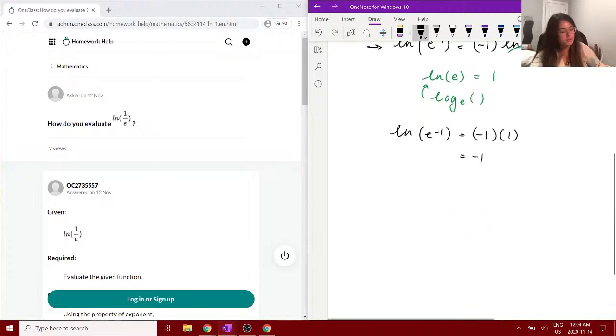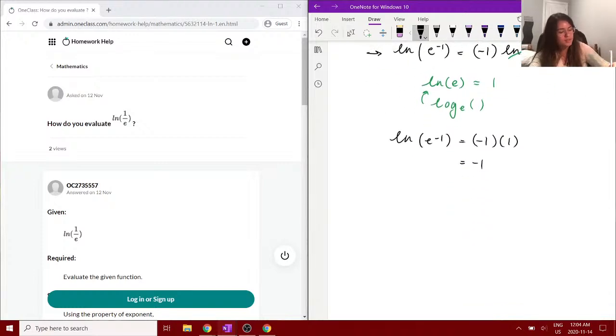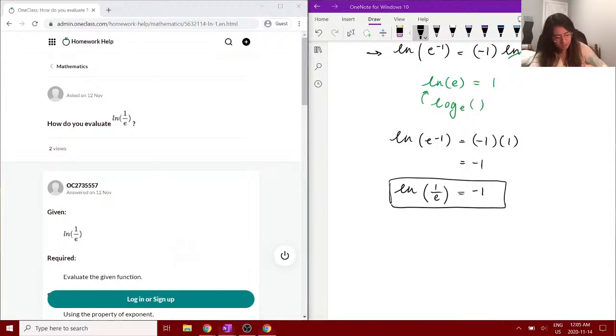So let's write this in the original form we had it in. We have ln of 1 over e, and that is equal to minus 1. Okay, so that's the answer for this question.